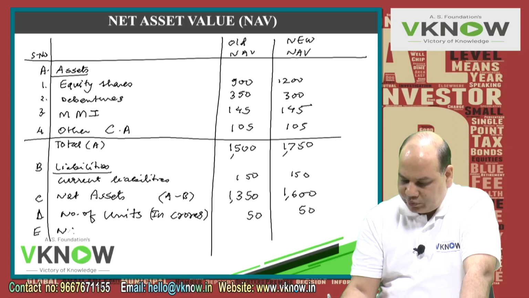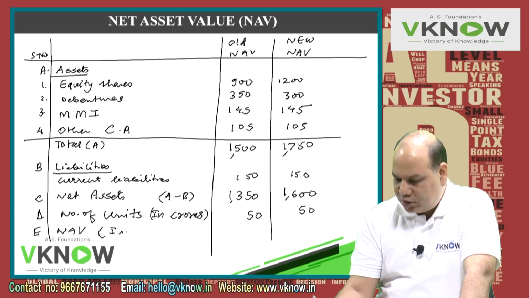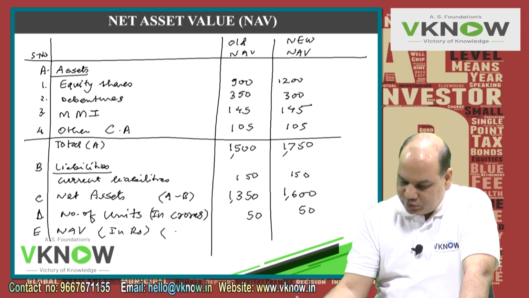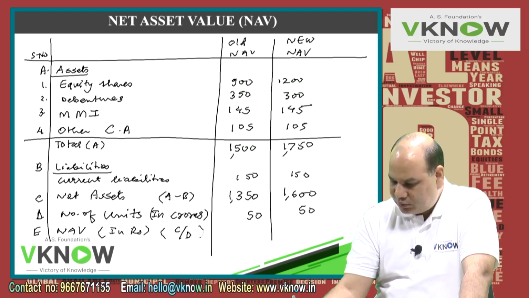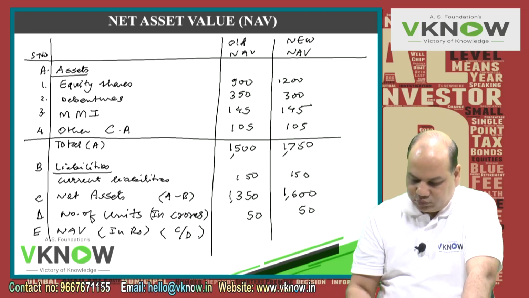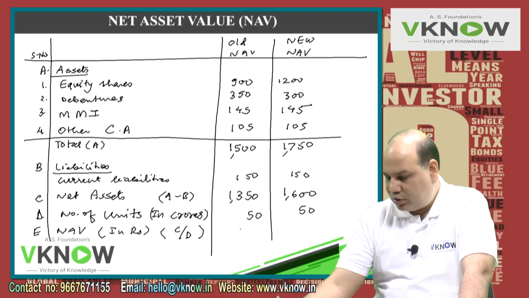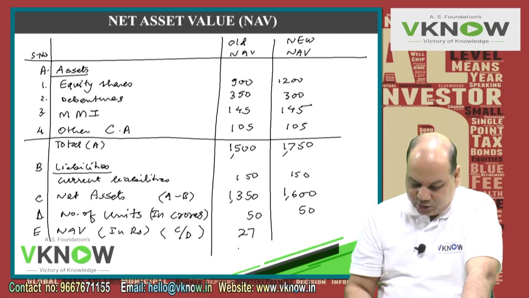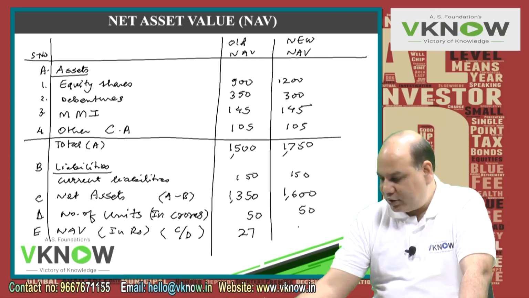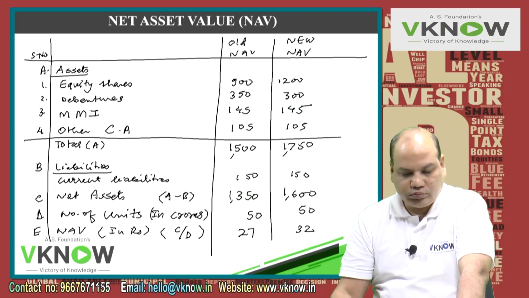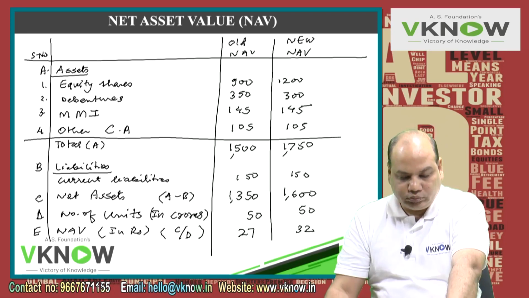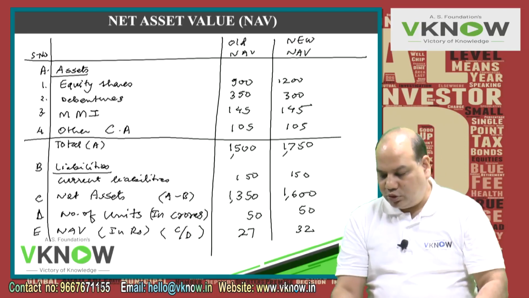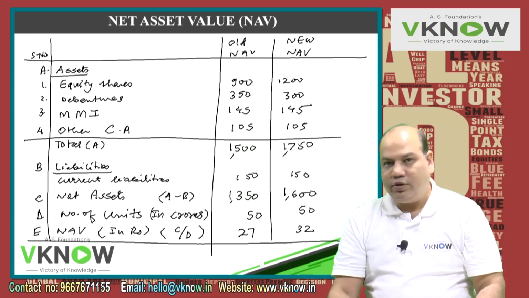Point E, NAV in rupees, C by D. So 1350 divided by 50, 27, and now 1600 divided by 50 is 32. So this is the NAV.